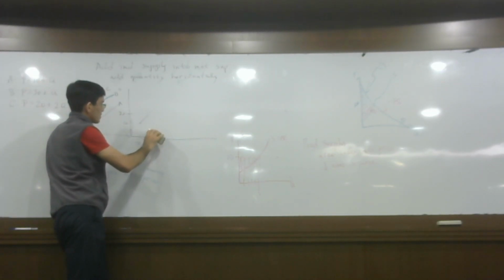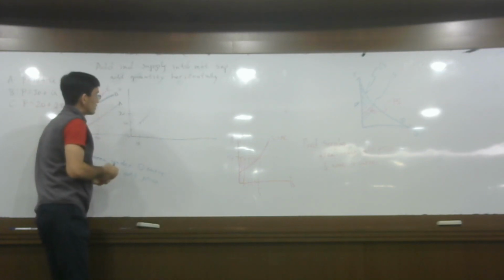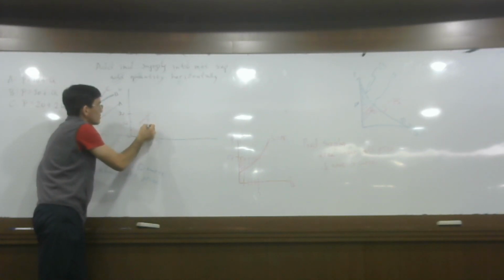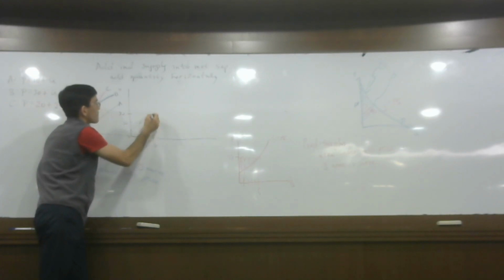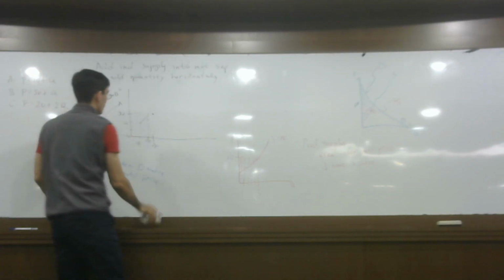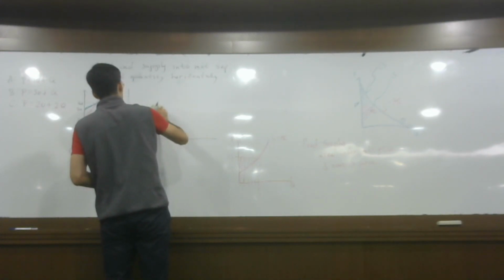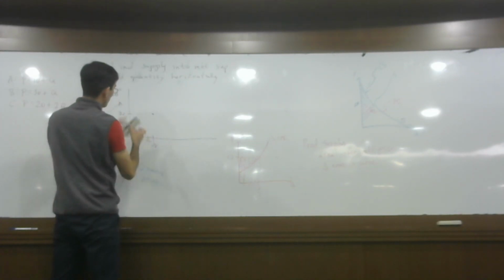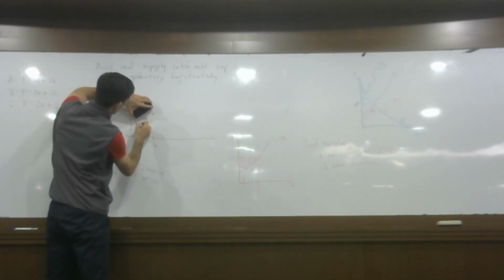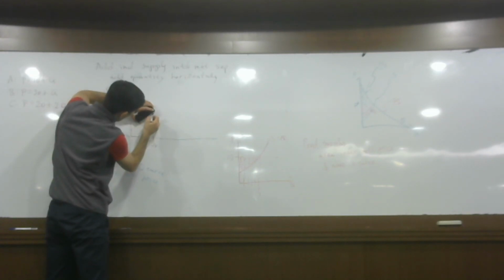So let me just do it again. Looks like this is going to be 20. So 25 is, let's say, here. So I'm going to connect with this point instead, right? Connecting with that point instead, something like that, right?